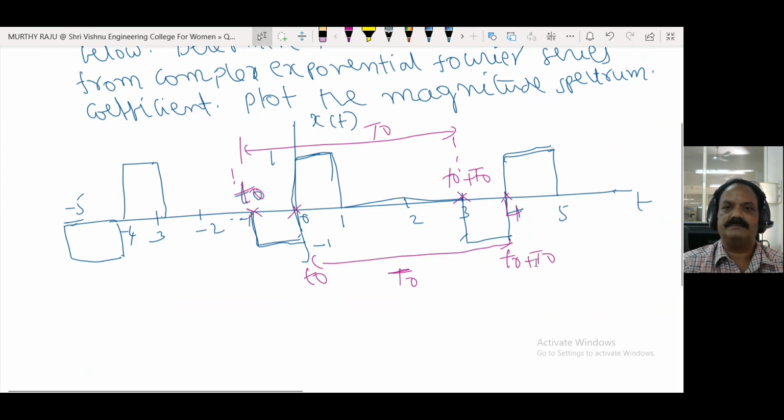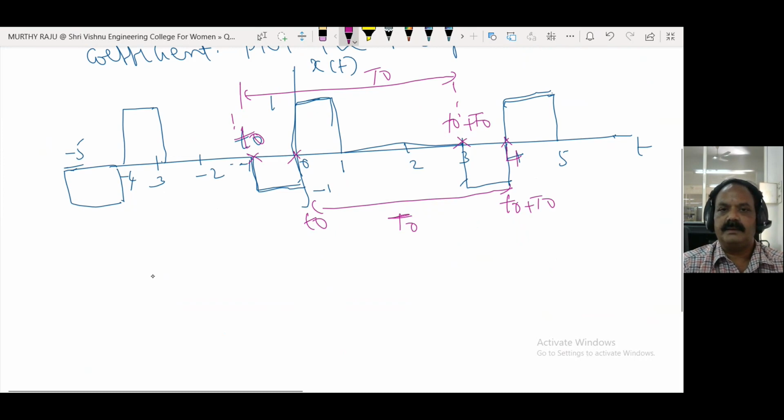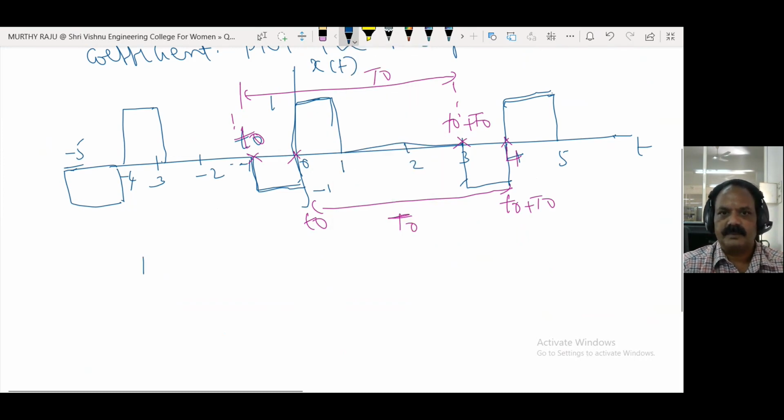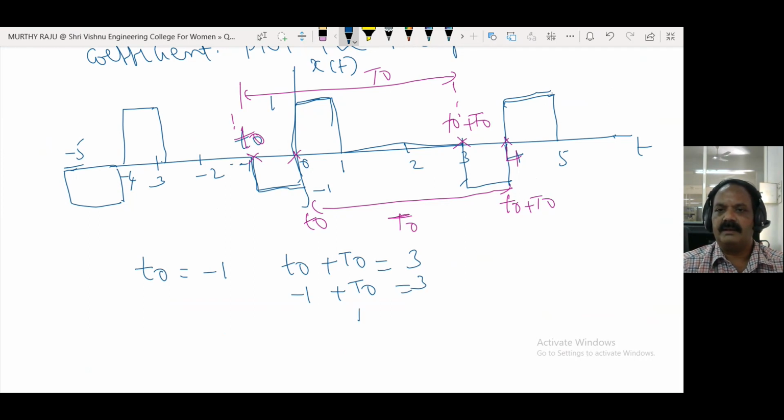Consider the first one. Small t naught is -1, and small t naught plus capital T naught is 3. Therefore, substitute t naught here: -1 plus T naught is equal to 3.